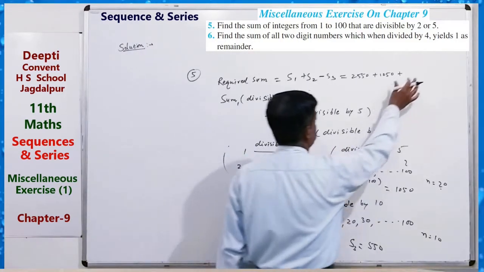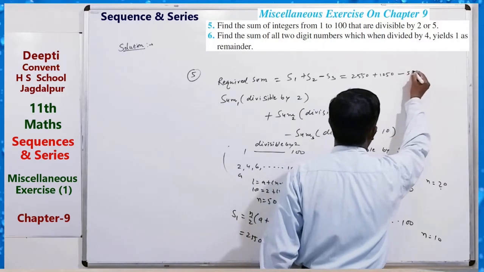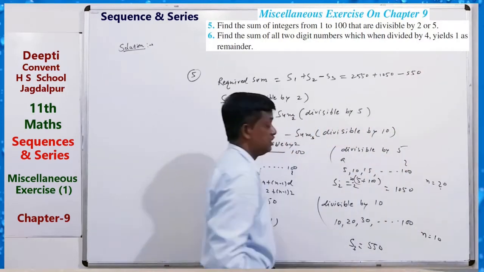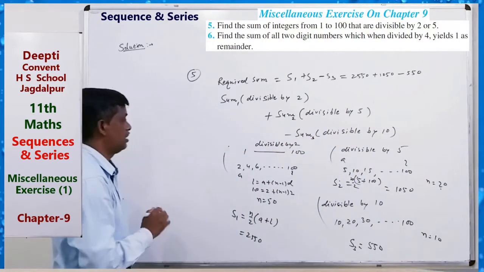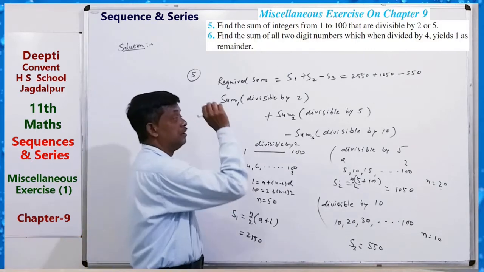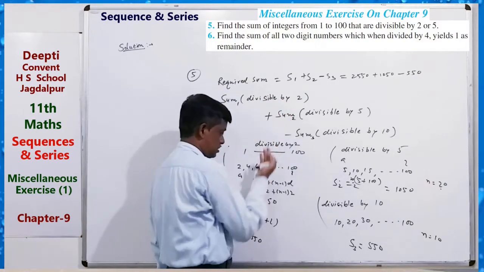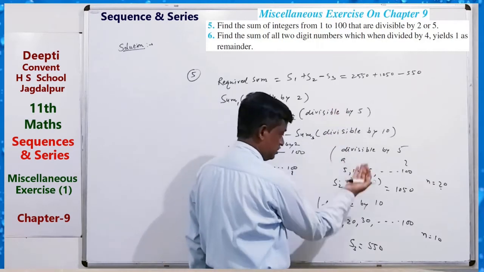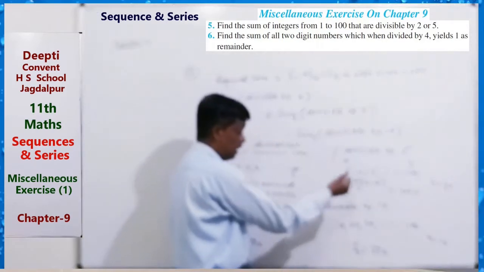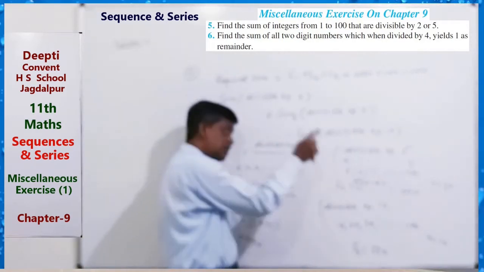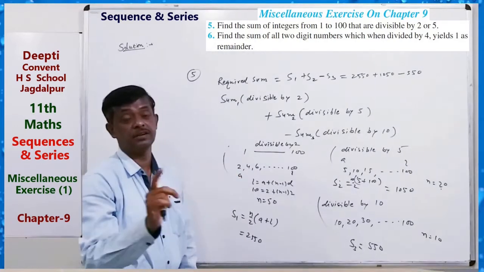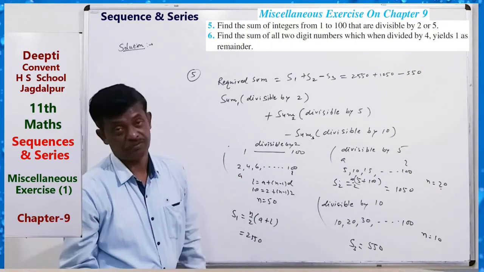So minus 550. Divisible by 2 or 5 means: divisible by 2 numbers, this; divisible by 5 numbers, this; divisible by 10 numbers, this. These numbers are included here also and here also, because 10 is divisible by 2 and also 5.